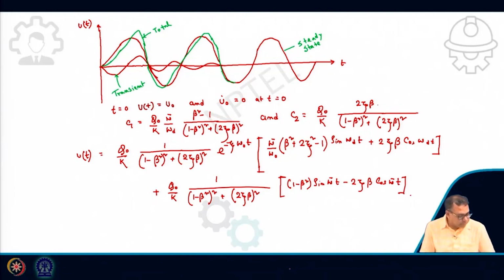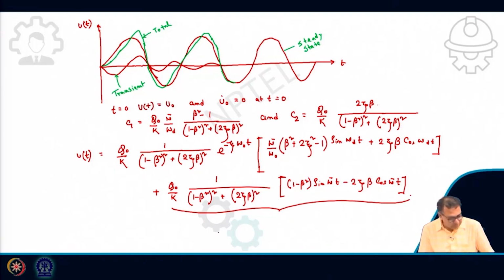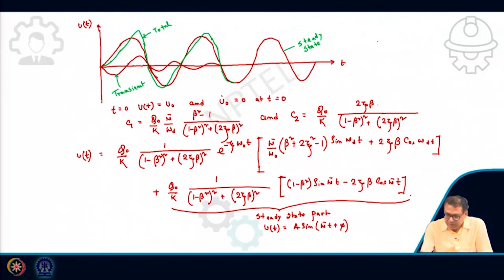So now the steady state part. I can write this steady state part as u(t) equal to A sine omega bar t plus phi. Now where A will be what?